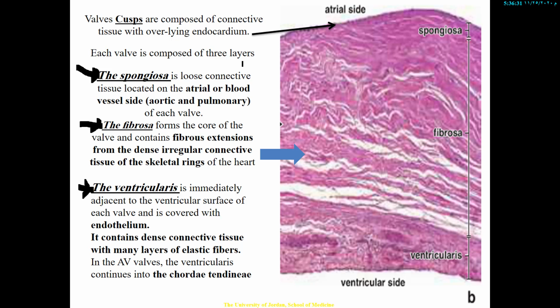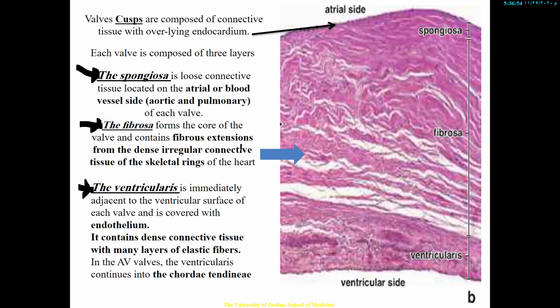Now, what is important about them: the spongiosa is loose connective tissue located on the atrial or blood vessel side, aortic and pulmonary. The fibrosa is the one facing the cavities. The fibrosa forms the core, the middle part of the cusp.